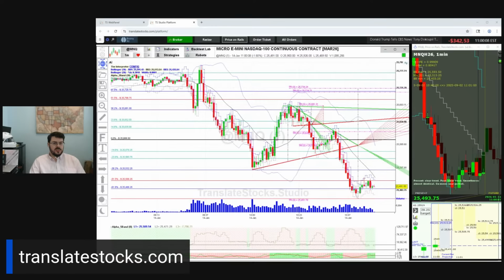So we didn't respect the triangle, and let's see what can happen now. I can see that we are above the Bollinger Band yet.